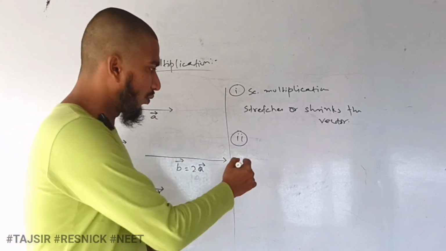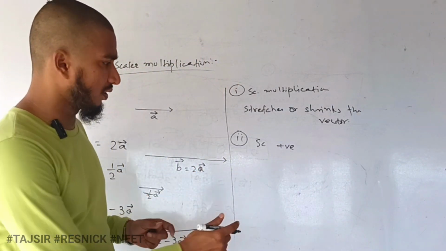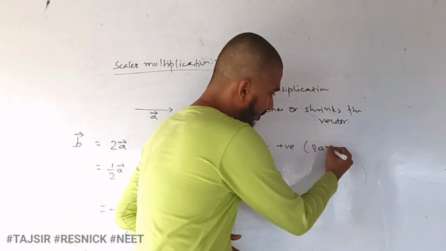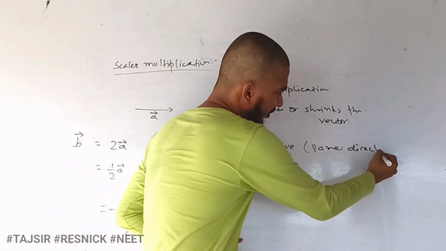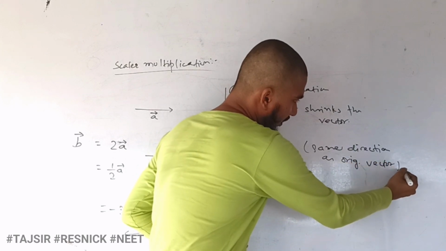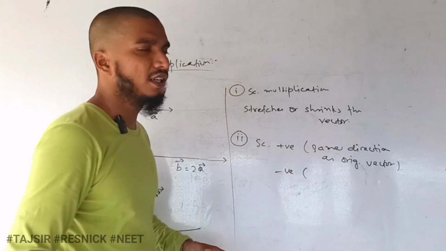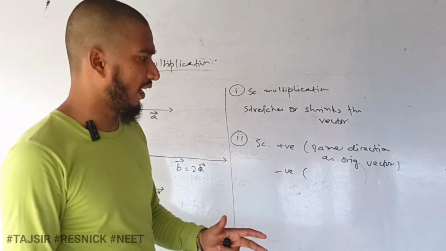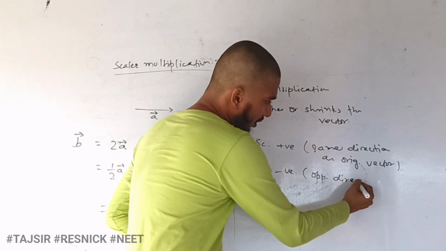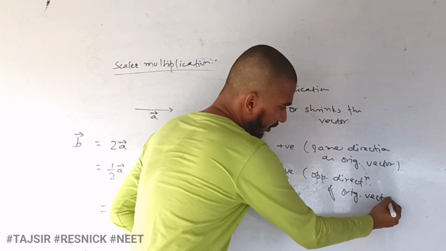If our scalar is positive, then the vector maintains the same direction as the original vector. But if this scalar quantity is negative, then the stretching or shrinking happens in the opposite direction of the original vector.